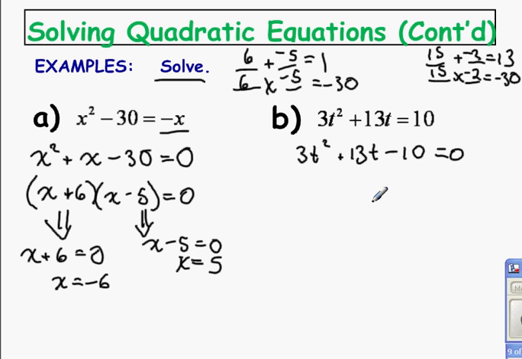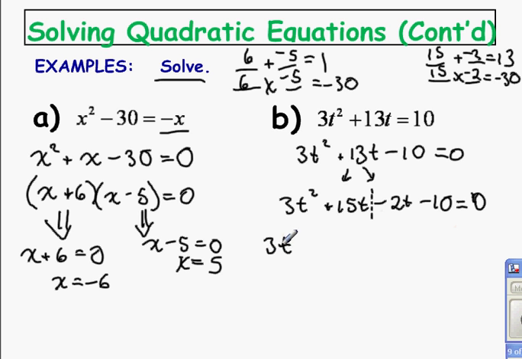Okay, because it's a complex trinomial, we're going to factor by decomposition. So we split up our middle term into 15t and negative 2t. Okay, we then factor by grouping. So we common factor the first two terms.